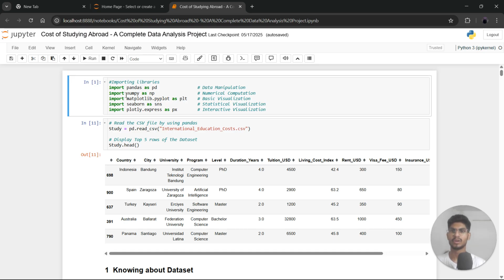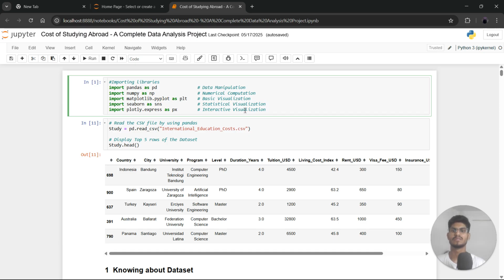We are importing these libraries: pandas, numpy, matplotlib, seaborn, and plotly.express. Each library is used for something different. For example, pandas is used for data manipulation, numpy is used for numerical computation, and matplotlib.pyplot is used for visualization.